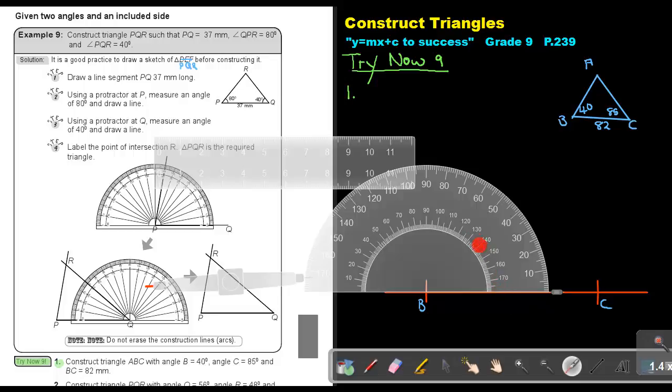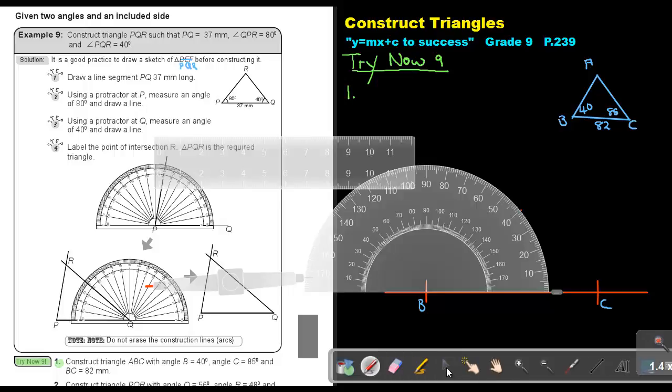This one starts at 180, so I cannot use it. Start with the one that starts with 0. Is it the inside or outside scale? This is the outside. So exactly at 40. No, that's not good, it's just making a small mark. I'm struggling with it. It can even just be a dot.